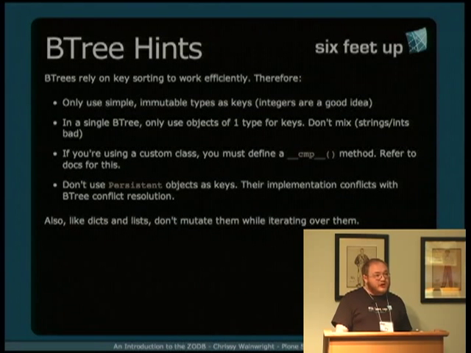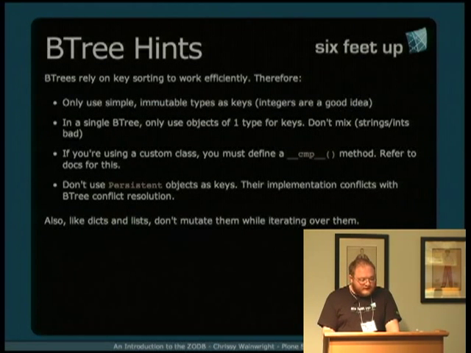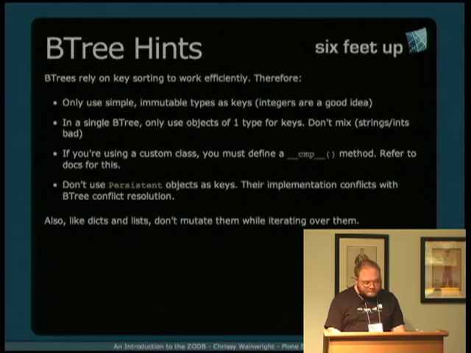If you're making a custom class that you want to use inside of the BTree for keys, then you must define a __cmp__ method. And you'll want to refer to the documentation for this, because there are a lot of conditions that have to be held true in the comparison interface. Otherwise, it will, again, return bad results and not know how to search correctly.